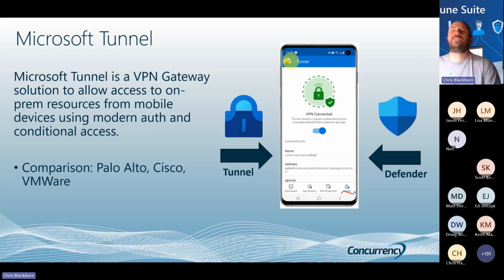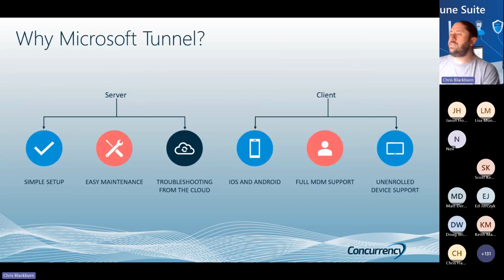In talking with customers, some of the ones that I've seen in the field: Cisco does it for their per app VPN, Palo Alto Global Protect, VMware Workspace ONE. Those are some examples that I've worked with customers that want to allow that per application access to their network resources. And so again, just like the Cloud PKI, it simplifies accessibility to the environment.